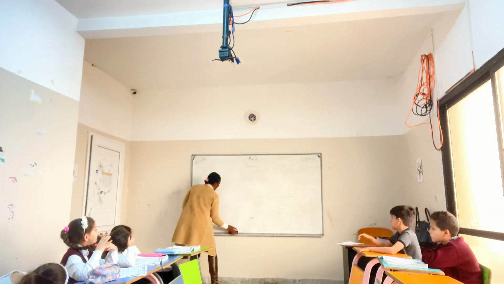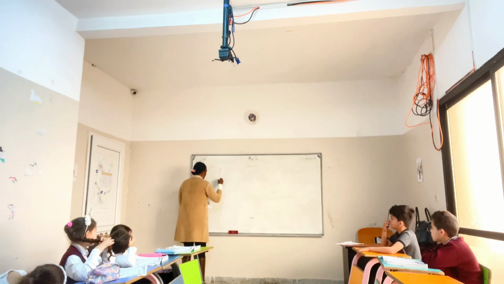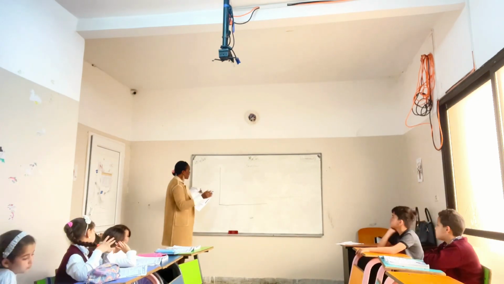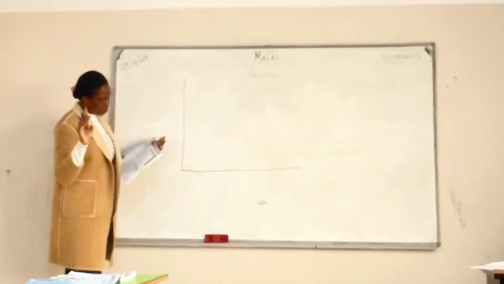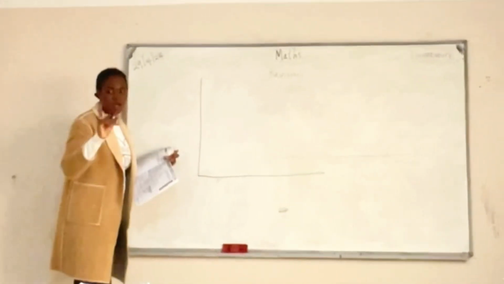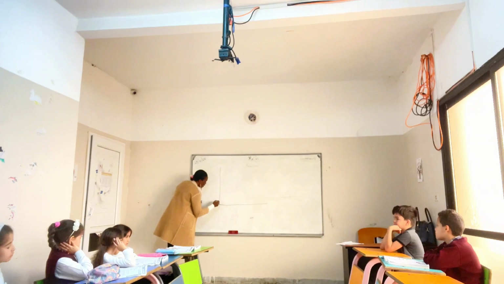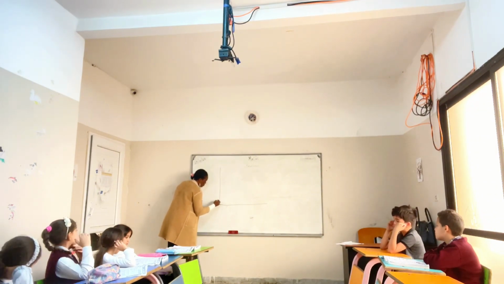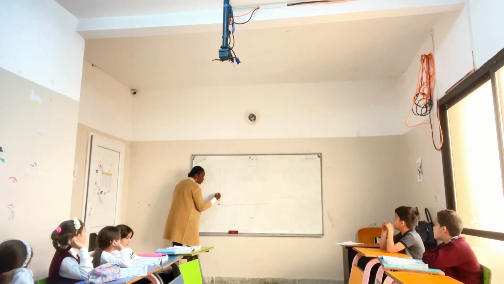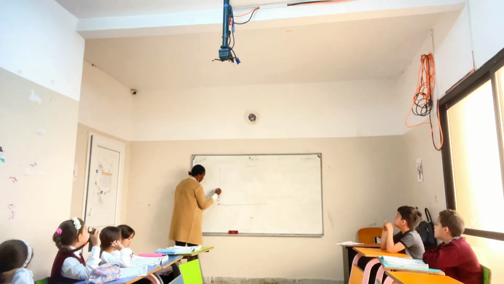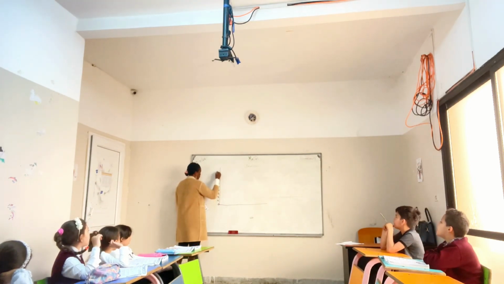I need a straight line like this. We're going to start numbering from here. The highest number is 24, but I'm going to number by 2. Here, 0, 2. Can you tell me the other numbers? 4, 6, 8, 10, 20.